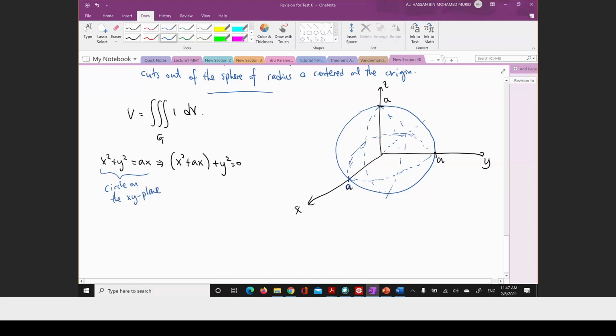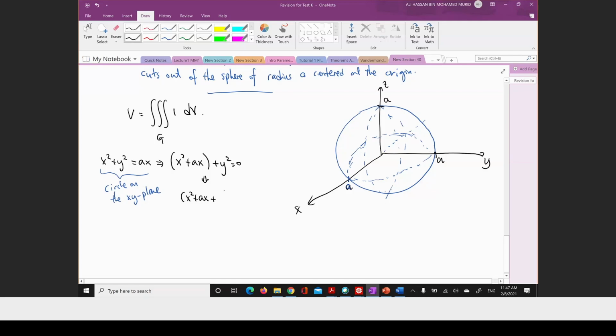What is the center? Again, completing the square. If I complete the square, this becomes x squared plus ax plus what? The coefficient of x here is a, right? We divide that by 2 and then we square it.